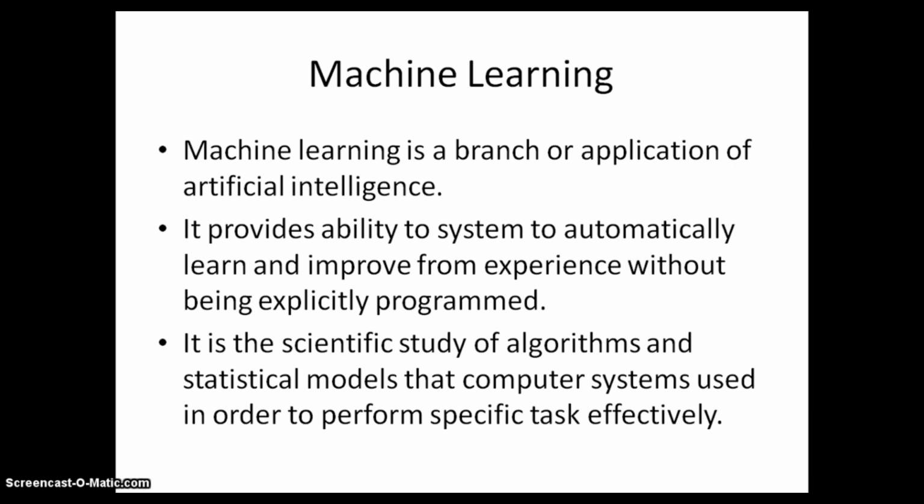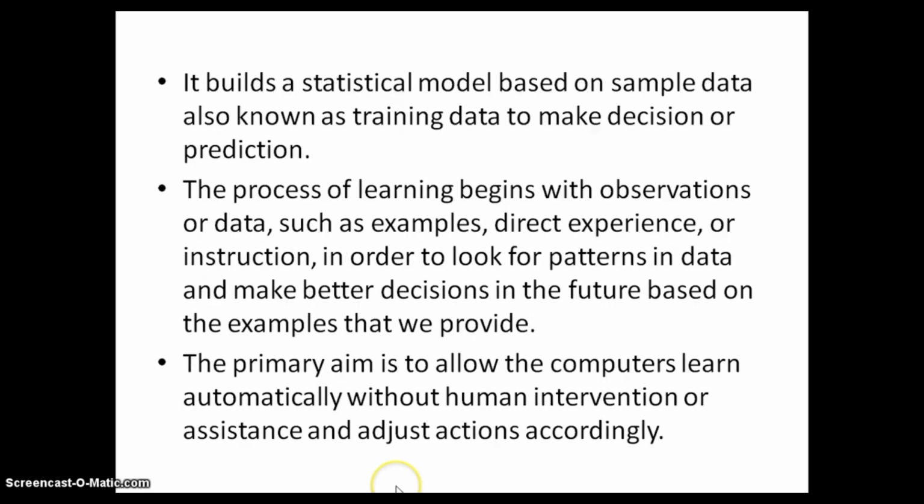So machine learning allows the system to make predictions by analyzing the data, or by analyzing the instructions provided in the data, or by learning from past experience. It builds a statistical model based on the sample data, also known as training data, to make decisions or predictions.